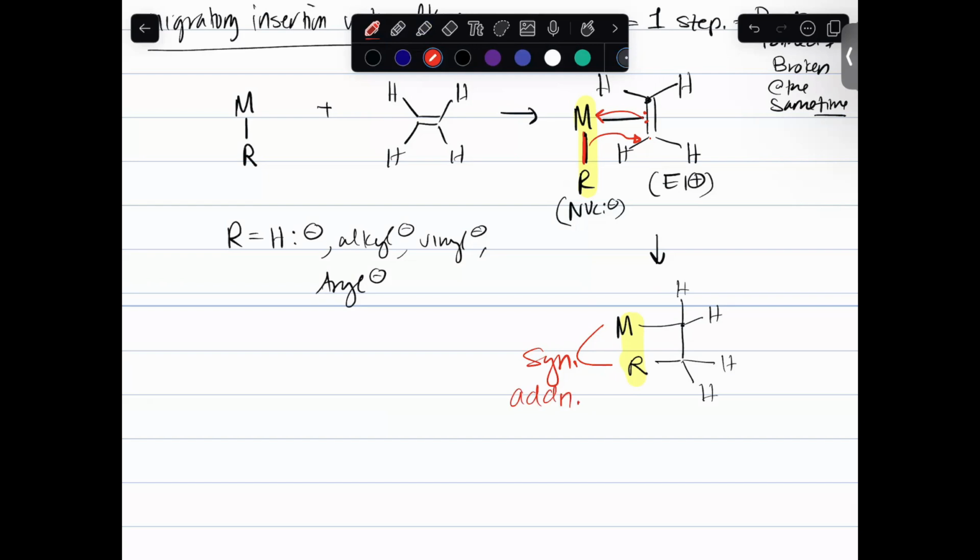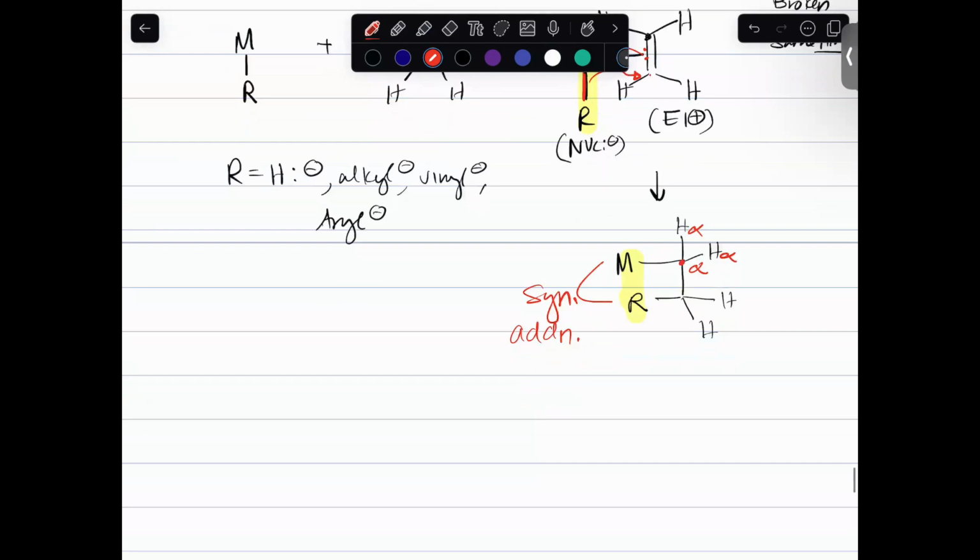The other thing is that the carbon that the metal adds to is known as the alpha carbon. So the carbon that's directly bonded to the metal is known as the alpha carbon, and it shouldn't come as a surprise that the hydrogens are alpha hydrogens. The carbon next door to the alpha, follow your Greek letters, is your beta.